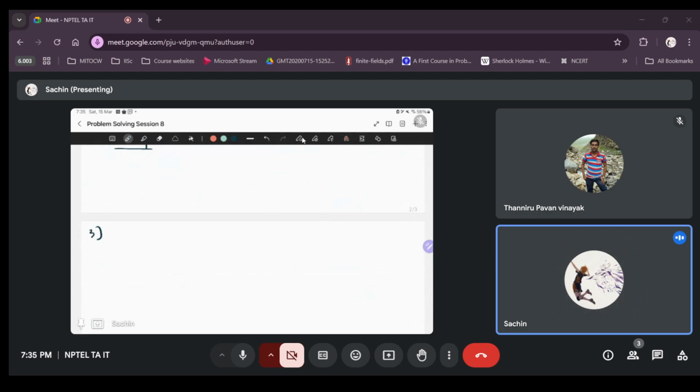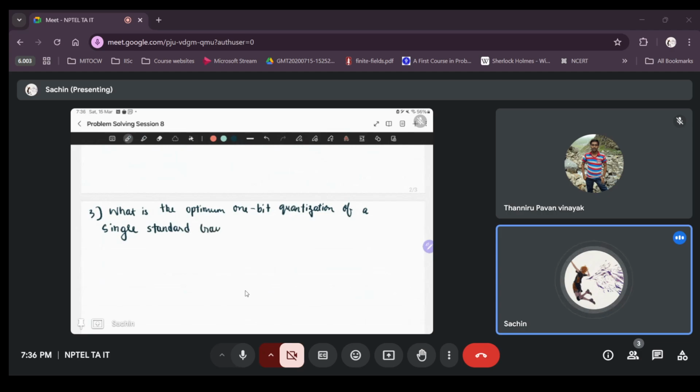Question 3 is, what is the optimum 1 bit quantization of a single standard Gaussian random variable under squared error distortion?